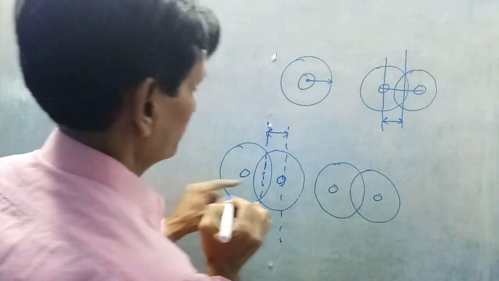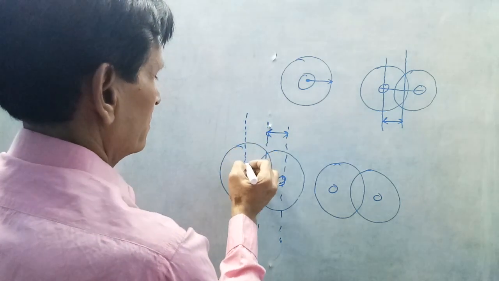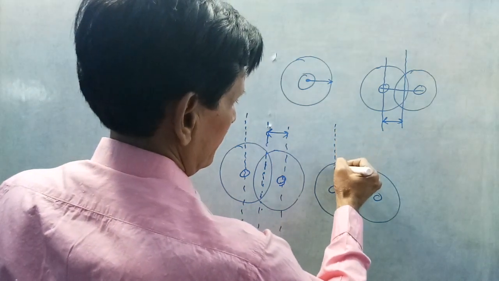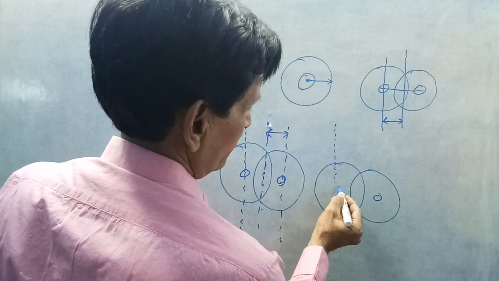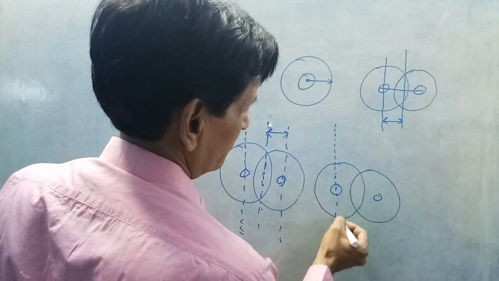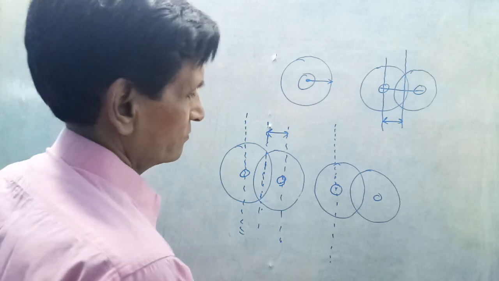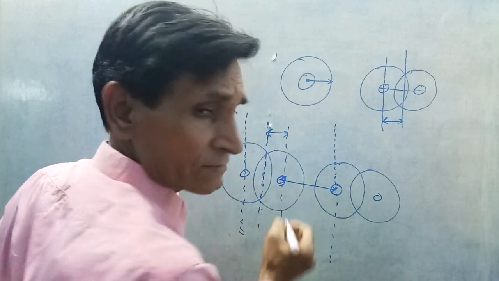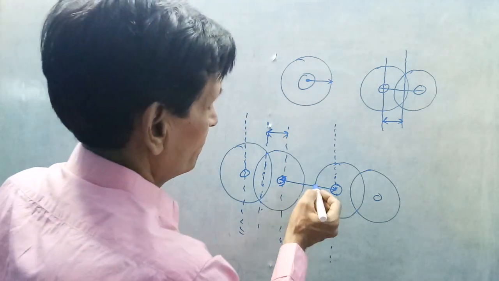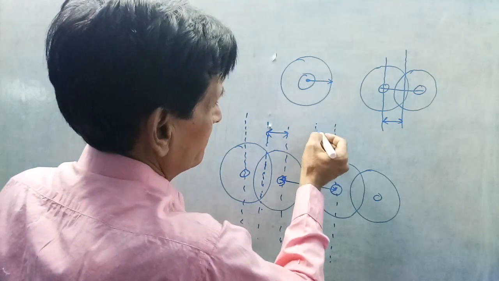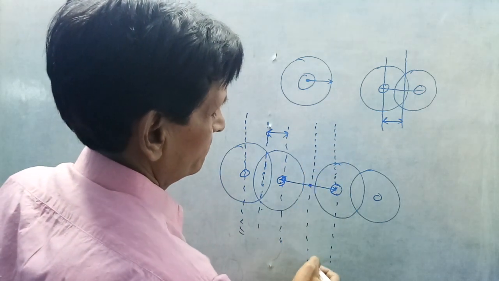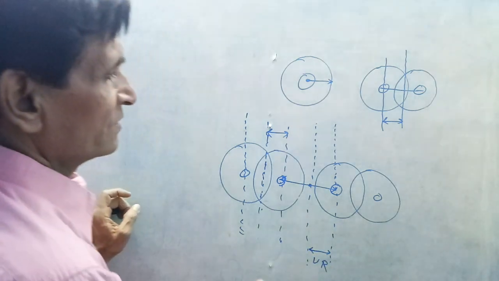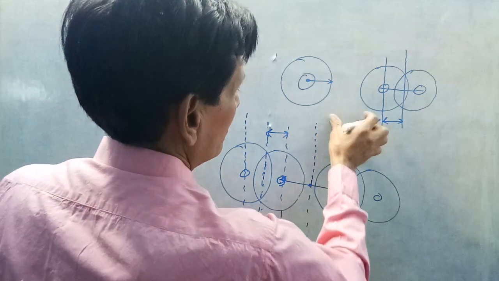This distance here, this distance, and again I am showing just the line passing through the center of the nucleus, like this. This is the iodine atom in solid iodine, and this is van der Waals radius. But this is what? This is van der Waals radius.